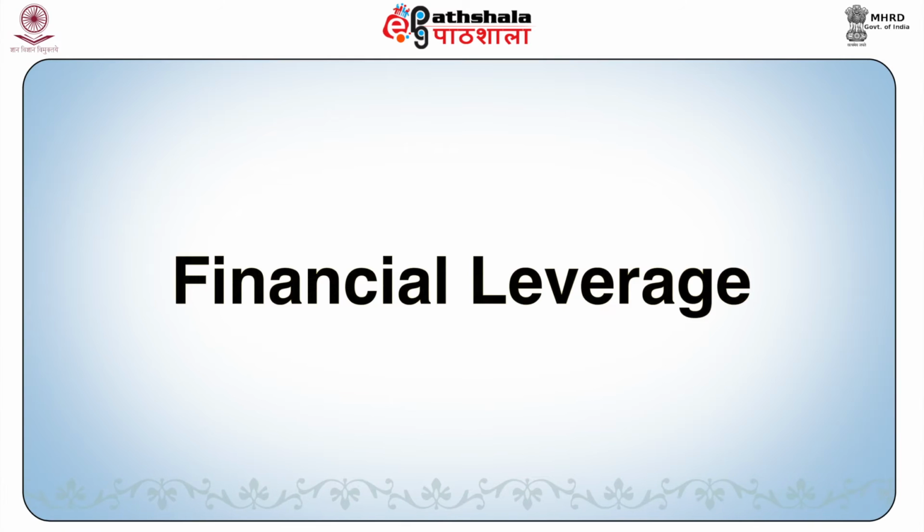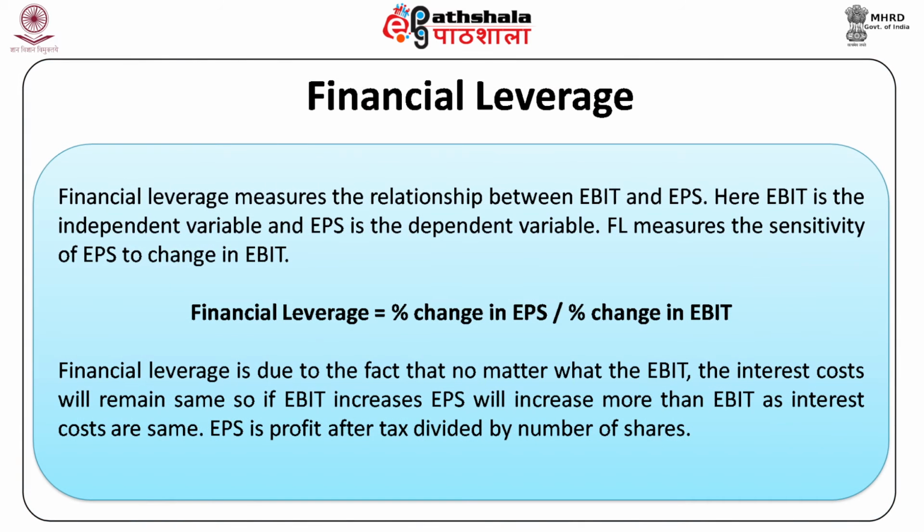Financial leverage. Financial leverage measures the relationship between EBIT and EPS. Here, EBIT is the independent variable and EPS is the dependent variable. Financial leverage measures the sensitivity of EPS to change in EBIT.